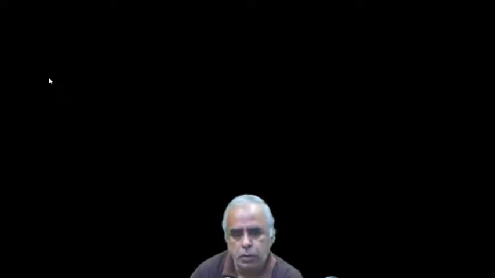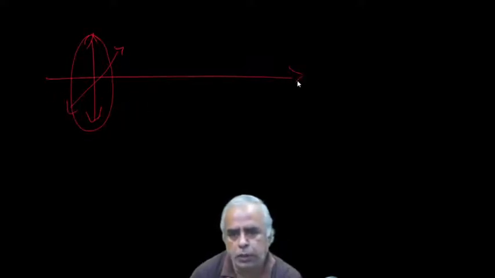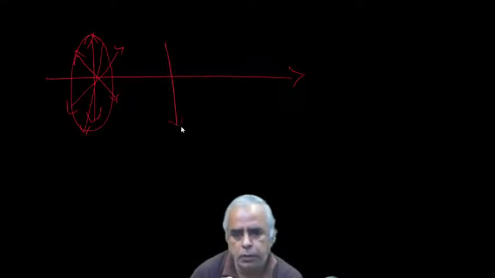For instance, normal light vibrates in perpendicular planes. When the light is progressing in this way, it will be vibrating like this, up and down, and likewise in the perpendicular direction. Let me select this light and this vibration.